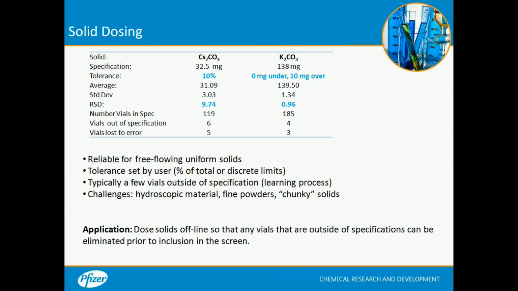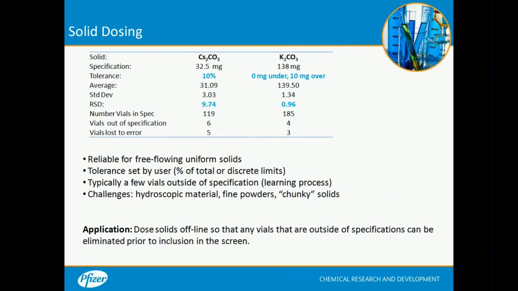Every once in a while, a small chunk will fall, and you'll get a vial that's outside of specification. This is very typical. And what's nice is the software will actually denote on the screen and graphically which vials are outside of specification, so you can remove those prior to using them in a run.